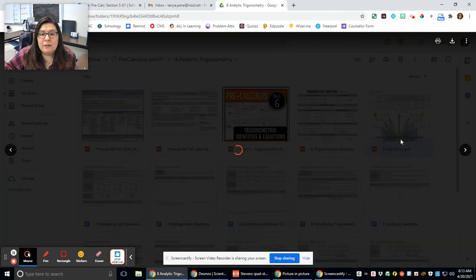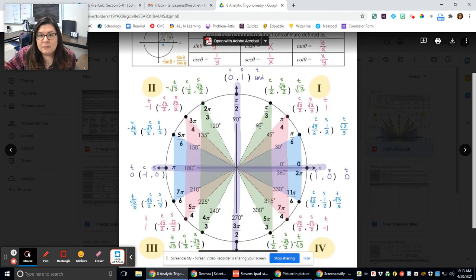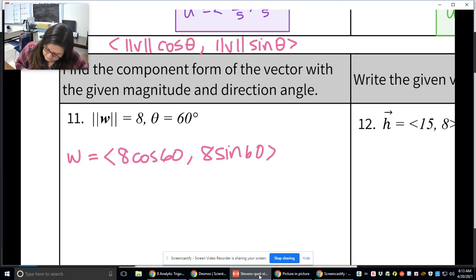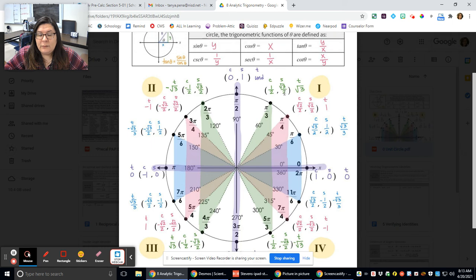Okay, so we're looking for cosine of 60. So here's my 60. Cosine is 1/2. So 8 times 1/2, comma 8. Well, now I want sine of 60. So 60, sine is square root of 3 over 2.